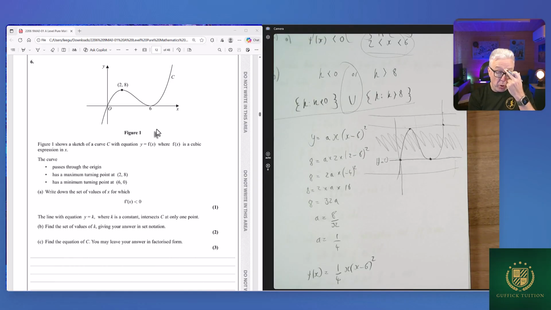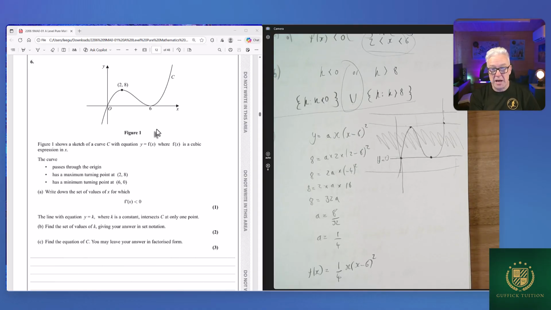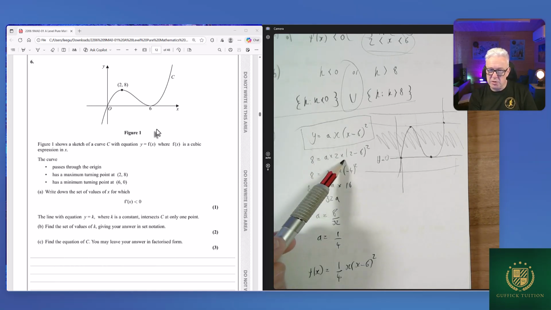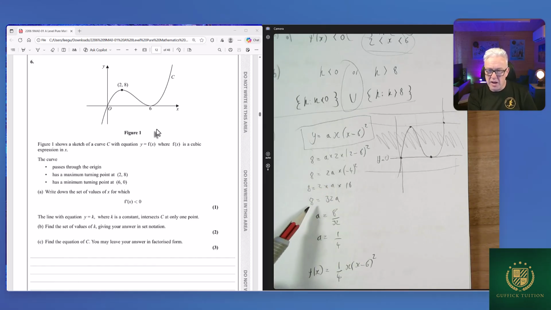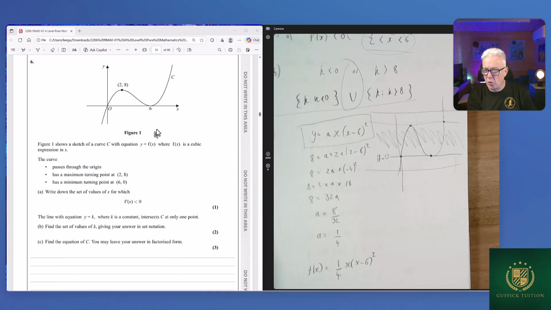Because we've got a point on the curve, the point (2, 8), we can sub it in to work out what a is. So y is 8 when x is 2. We put all that in and it turns out that a is equal to 8 divided by 32, which simplifies into a quarter.